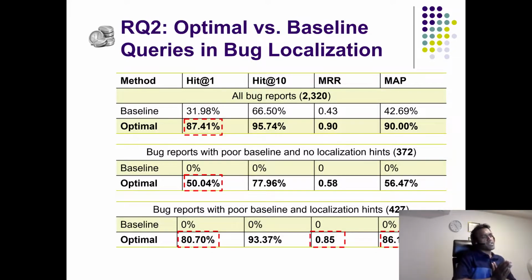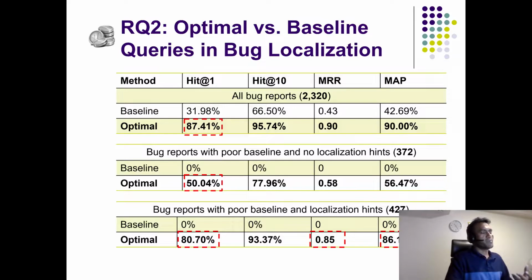So this is very interesting because if we summarize our findings from here, what it tells is that at least 1/3 of the bug reports from our data set have very poor baseline queries and the state-of-the-art techniques were not able to deliver good queries, but in practice, those bug reports actually contain optimal search keywords. But the state-of-the-art techniques were not able to find those optimal keywords, right?